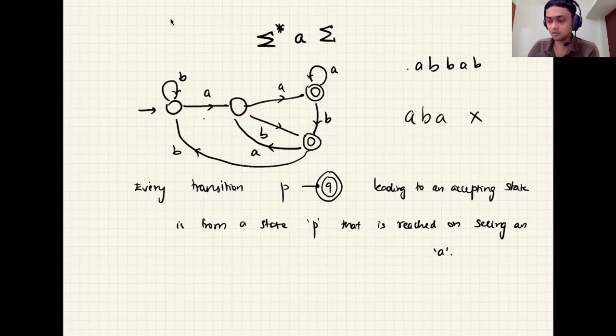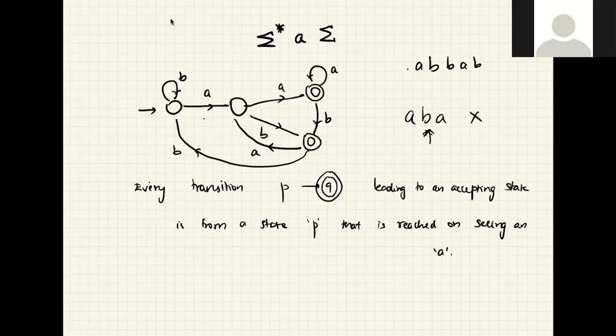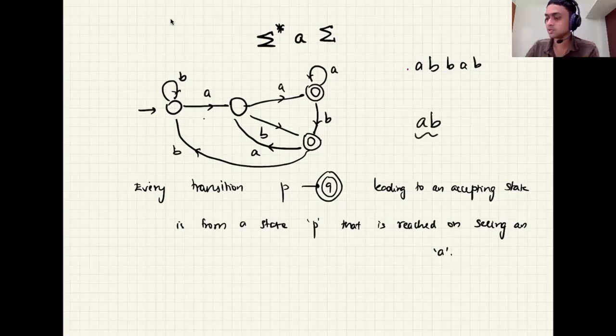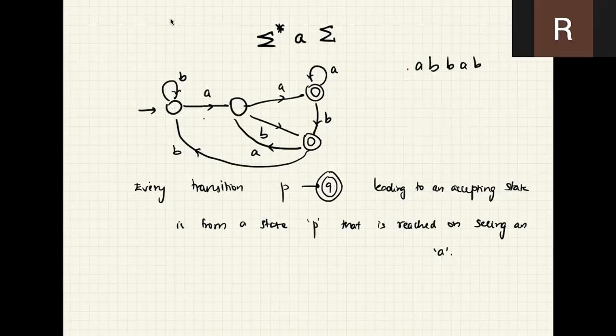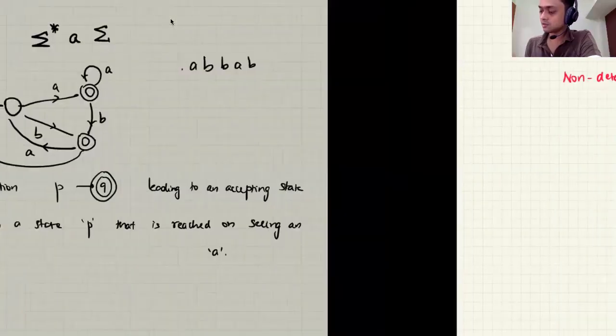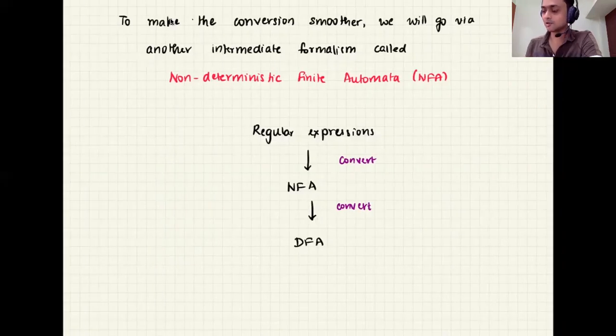The word ABA also should not be accepted, because the second last letter is B. Sigma does not contain epsilon, only sigma star contains epsilon. So we will see actually that drawing an NFA for that language will be very easy.